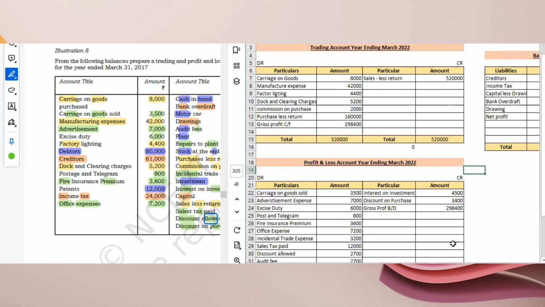If it is a direct expense, it should go to the trading account only. If it is an indirect expense, it should go to P&L items only. So you should not mismatch it. Then they will ask us to calculate the gross profit. When you're calculating gross profit, only the direct items should be considered, or else it is not a correct gross profit.